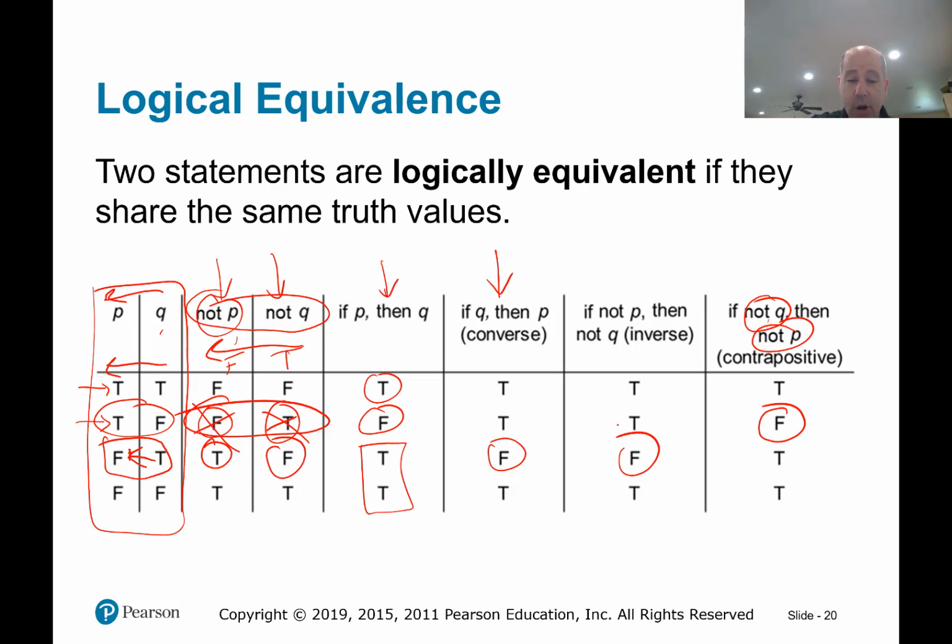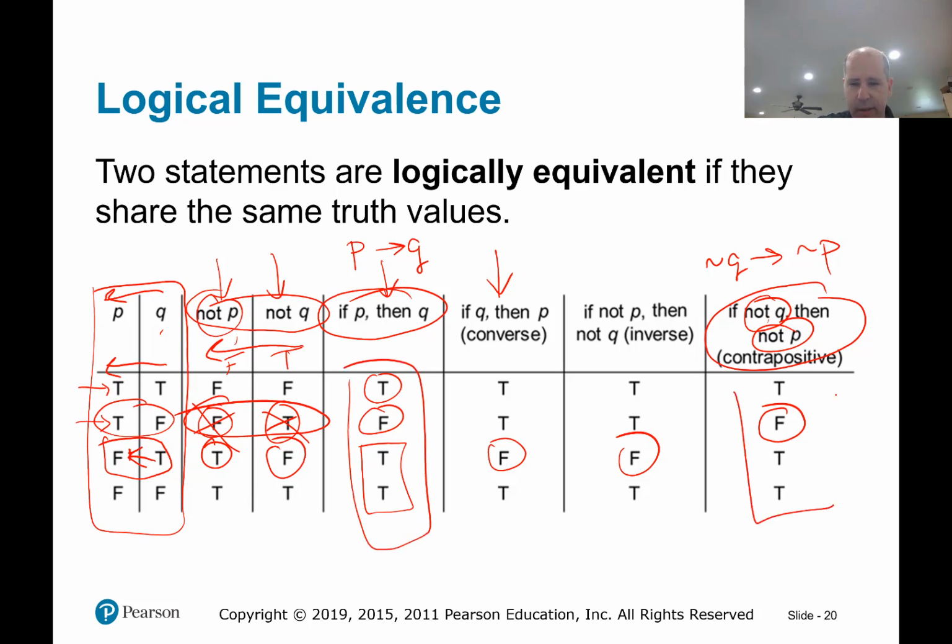Okay. Now, notice that this column and this column, right? So the conditional, P implies Q, and the contrapositive, not Q implies not P, all have the same truth values going down the table in the same order.